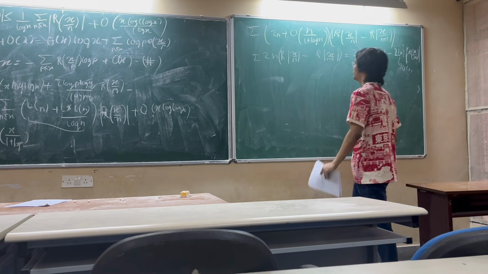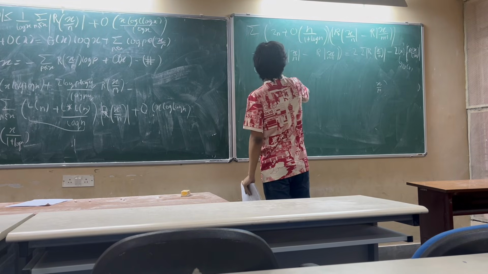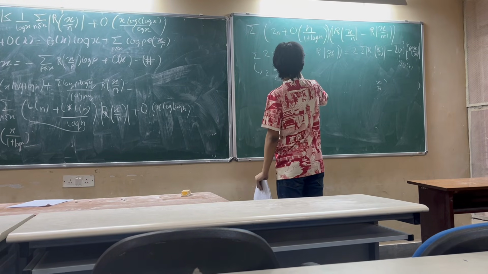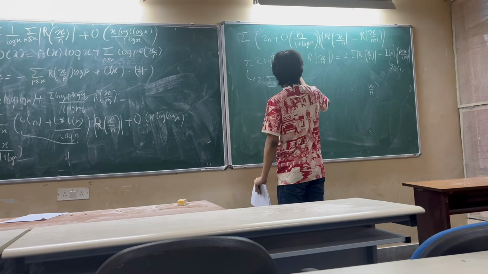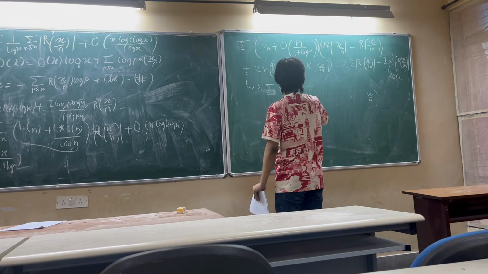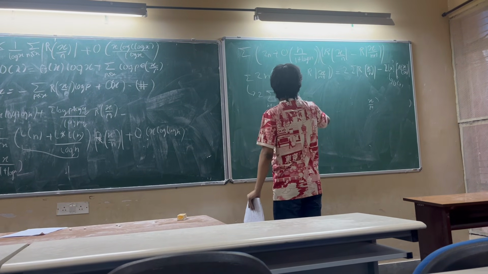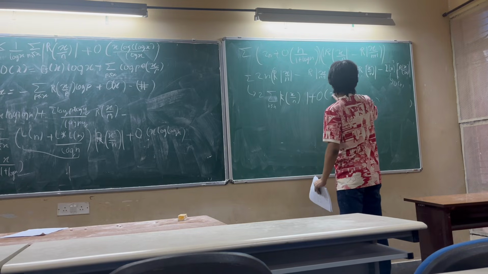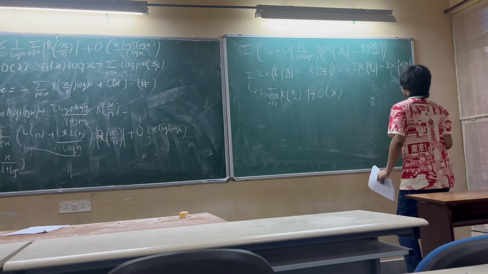So the first term will simply be the summation of r of x by n, for n less than or equal to x, plus something of the order of x because of this.